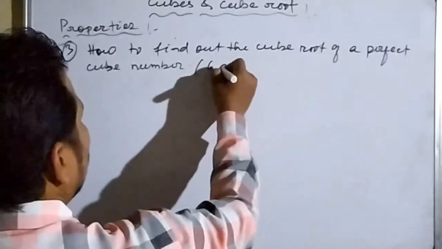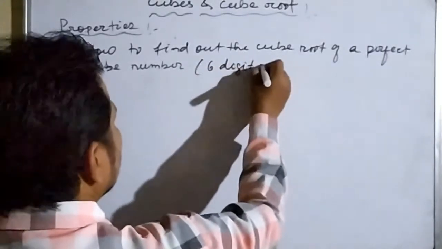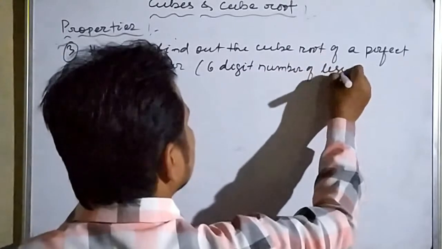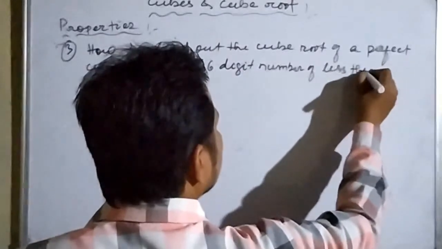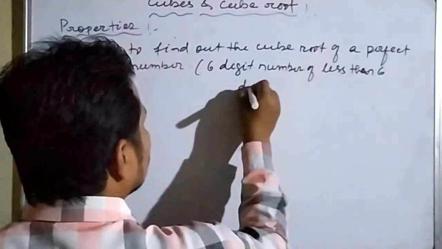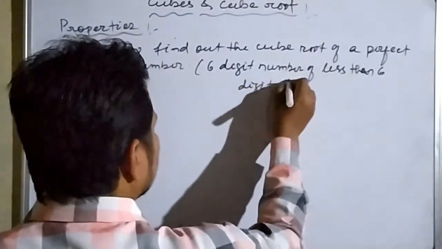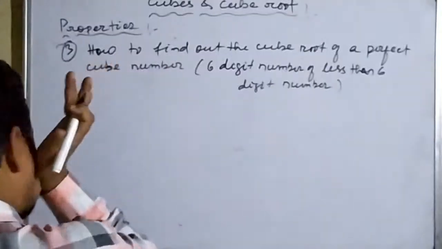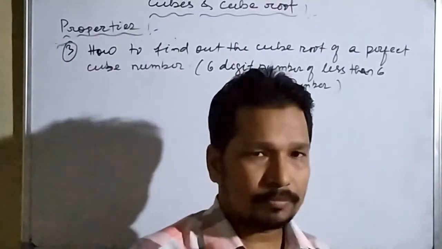Okay, that means the number must be a 6-digit number or less than 6 digits.